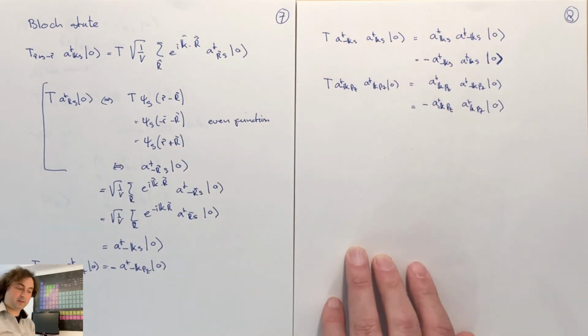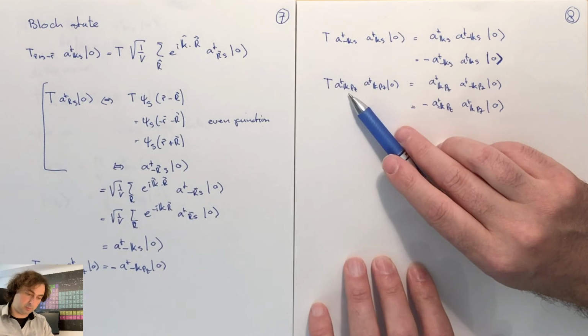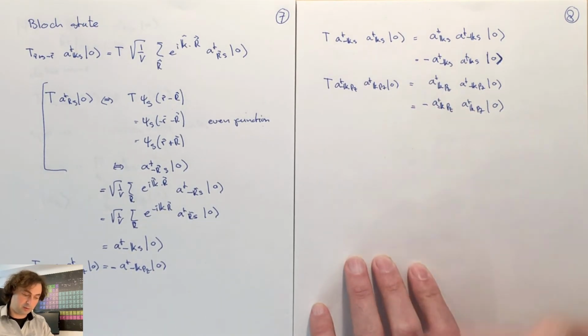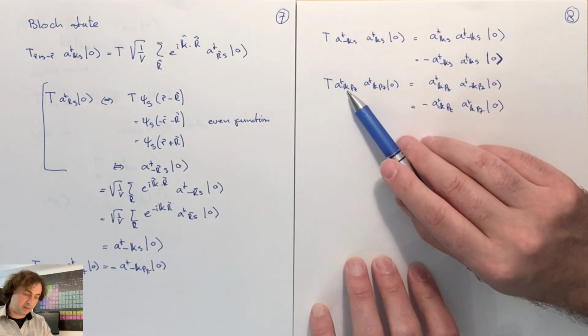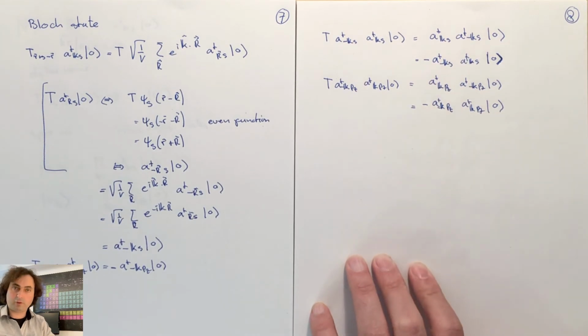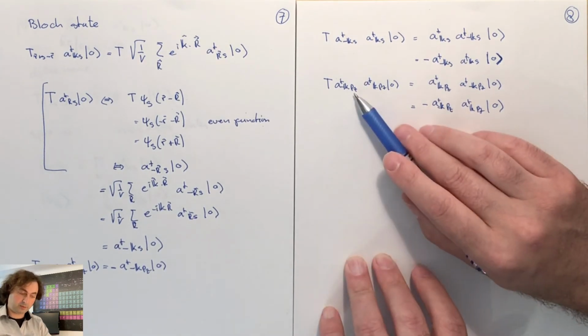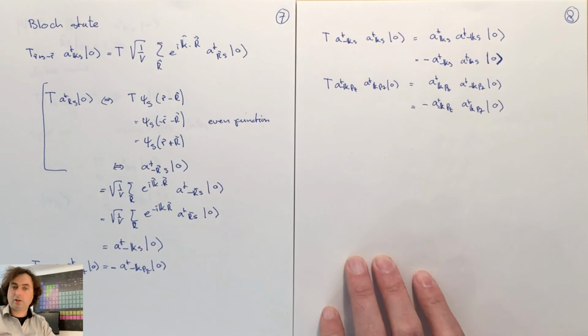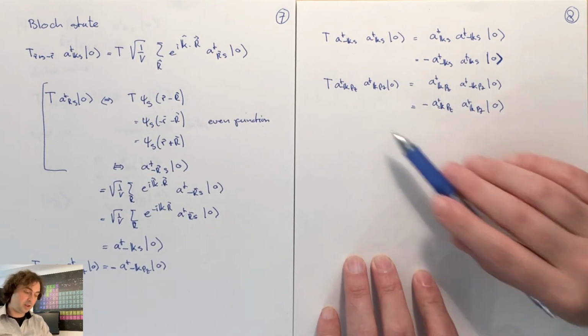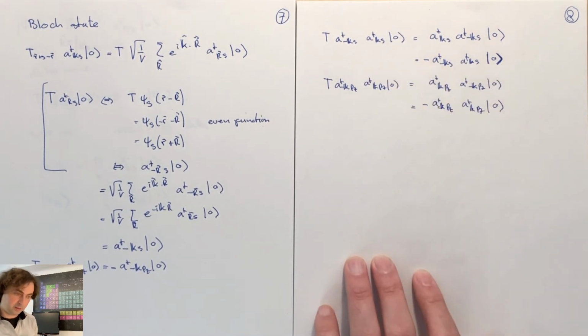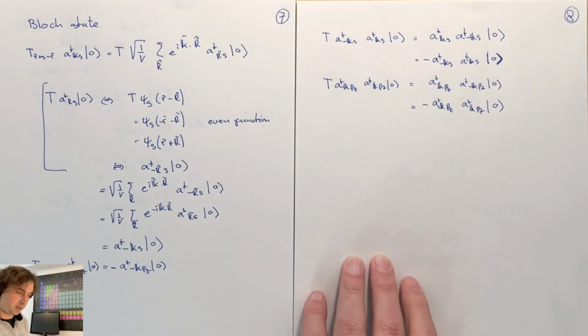And we find that a Bloch state with the creation of two states at k and minus k, for a Bloch wave function that is made out of locally odd Wannier functions, is odd, just like creating them out of s states.